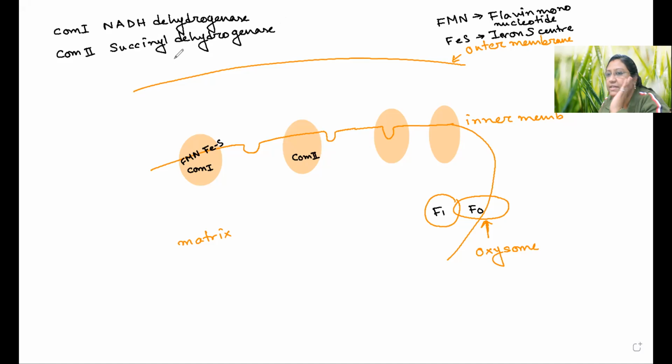If I am talking about complex 2, it is having succinyl dehydrogenase complex. Why we call it succinyl dehydrogenase complex? Because one enzyme mainly is leading, which is known as succinyl dehydrogenase. But other than that, electron carriers are also involved in that. Next is complex 3. This is known as cytochrome BC1.